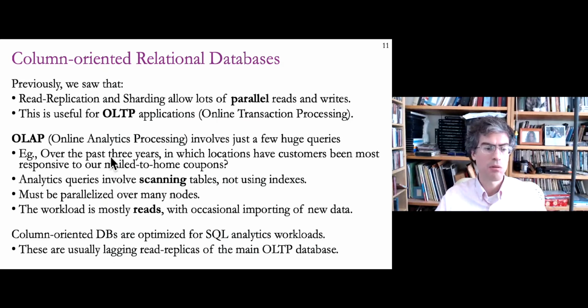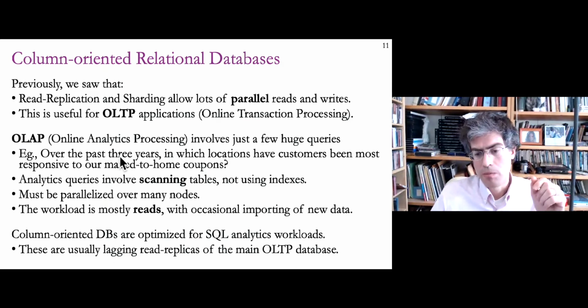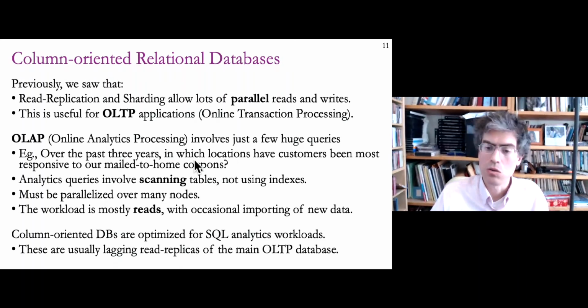An example of this might be if you're a retail store, let's say Target, and you want to know over the past 3 years which store locations have had customers most responsive to our mailed-to-home coupons.